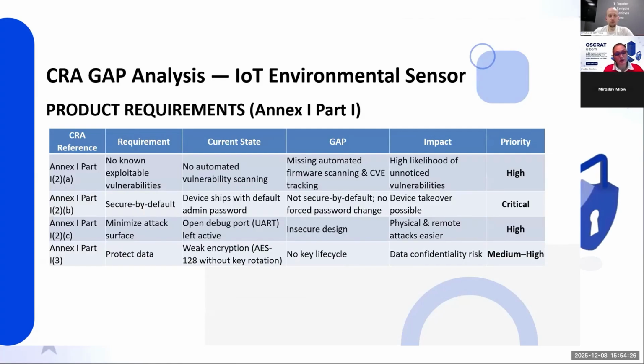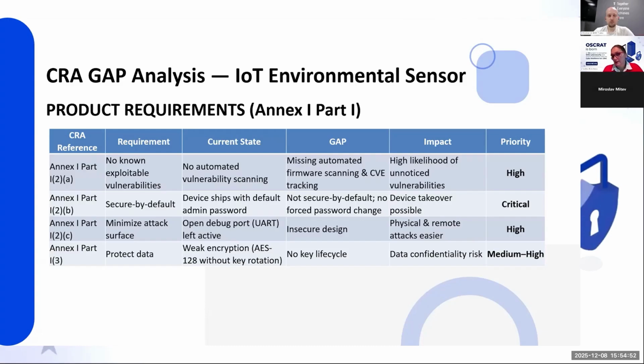Here we can see a table for this IoT environmental sensor: common gaps, CRA references, requirements, current state, which is important for our gap, and what exactly the gap is.